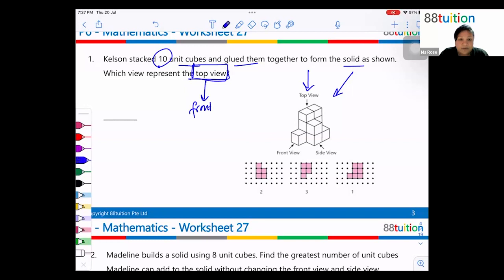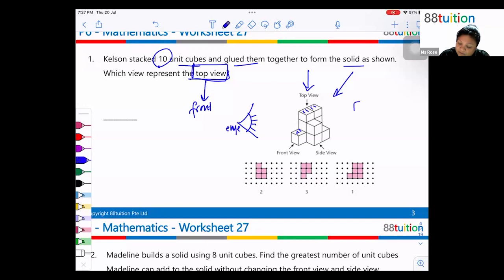You know, like in science, you have this, the eye. From the front view. From the top, it is 1, 2, 3.